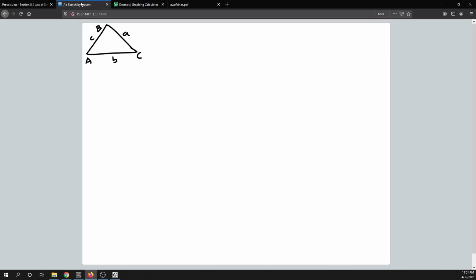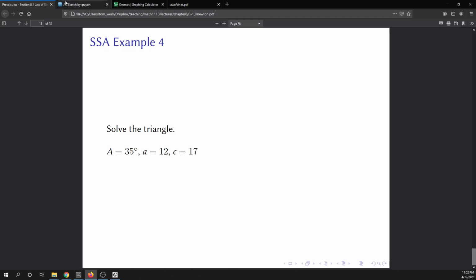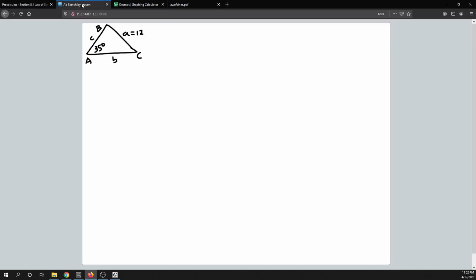We know that angle A is 35 degrees. We know that side A is 12. And side C is 17.